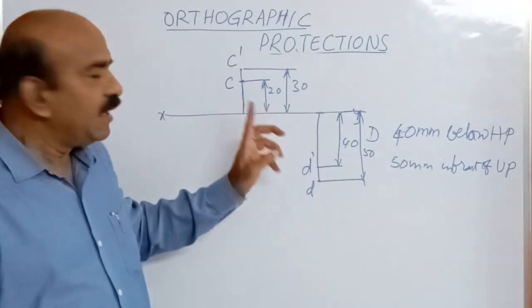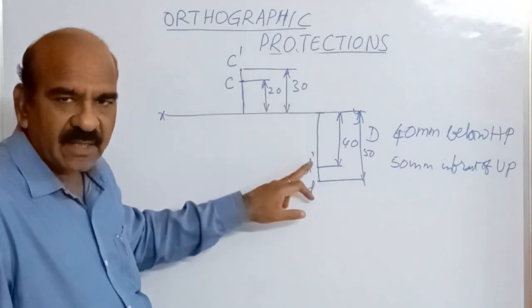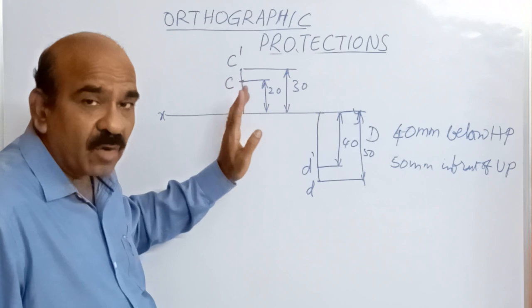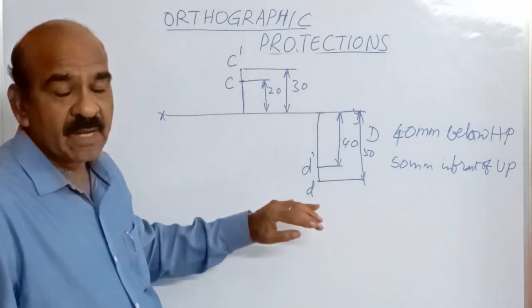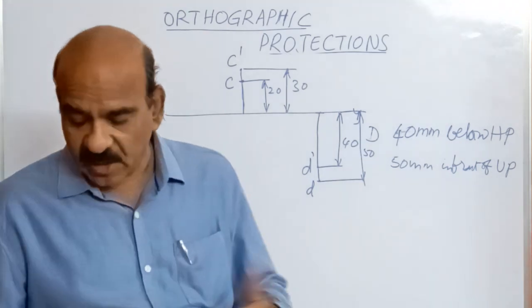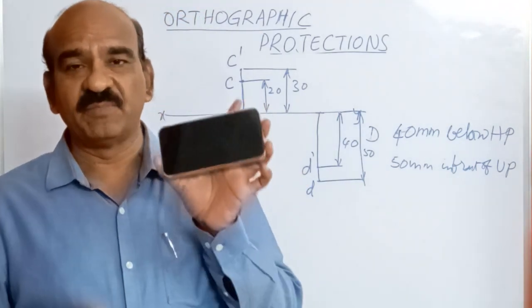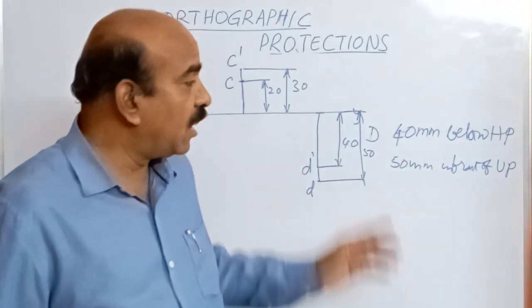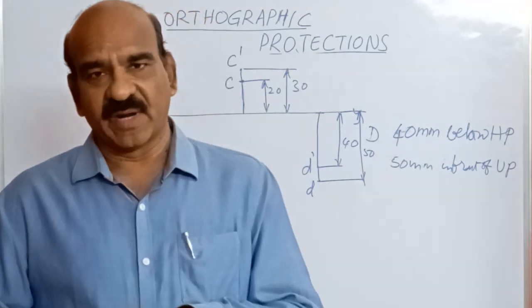So if you observe the point in the second quadrant and the point in the fourth quadrant, in both cases the projections are on one side of the reference line. So there is every possibility, if you try to draw the projections of a solid, a three-dimensional object like this, that one may be overlapping on the other.